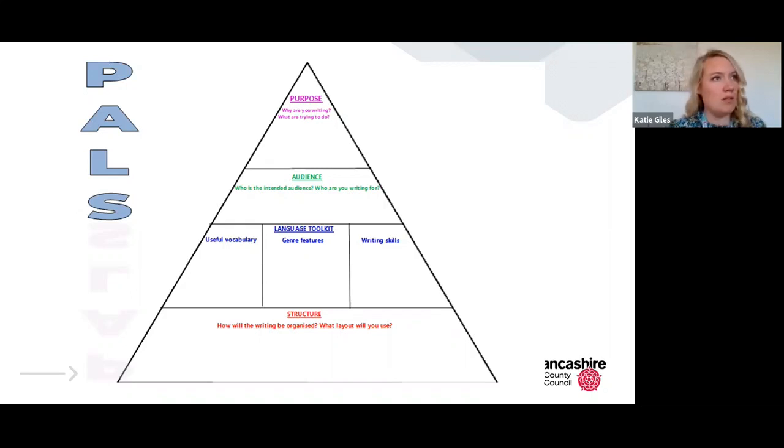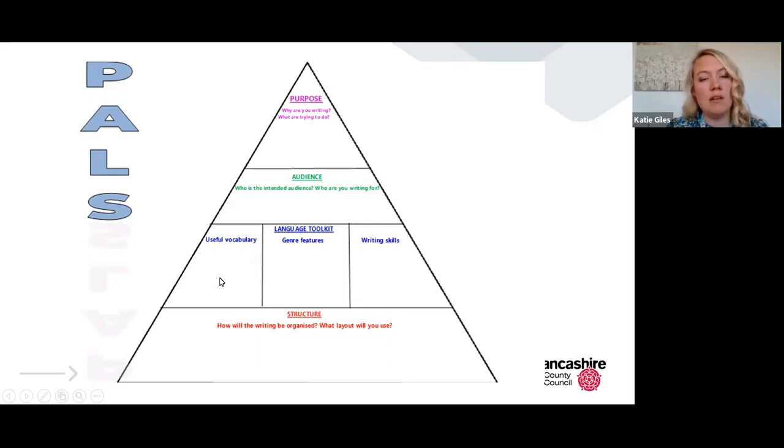Whenever we are about to analyse a text, or if we are about to write our own text, we can use a PALS grid to support us with that. You can see at the top of the pyramid, first and foremost, we need to know what the purpose of the writing is, what is it trying to do. We then have a section for the audience next, so who is the intended audience. Then we have our gorgeous language toolkit.